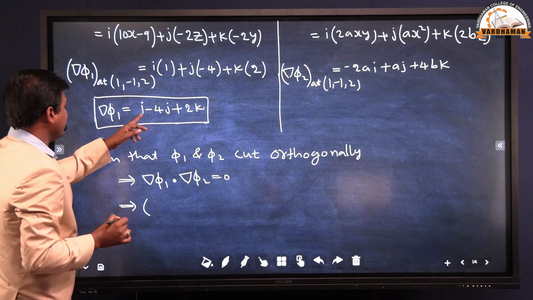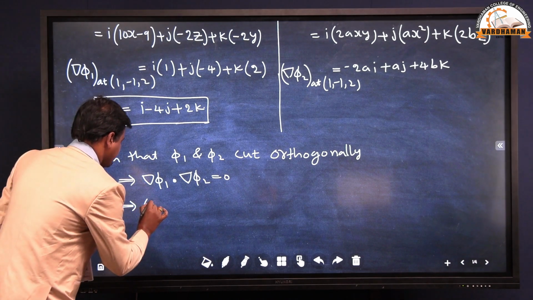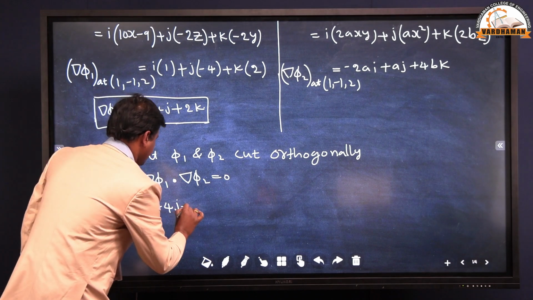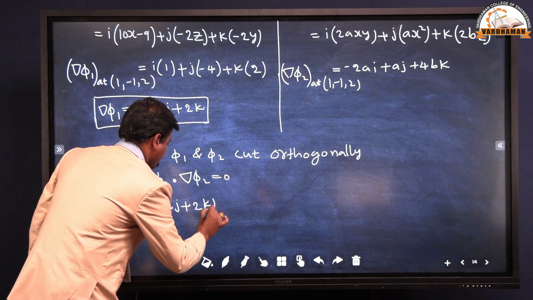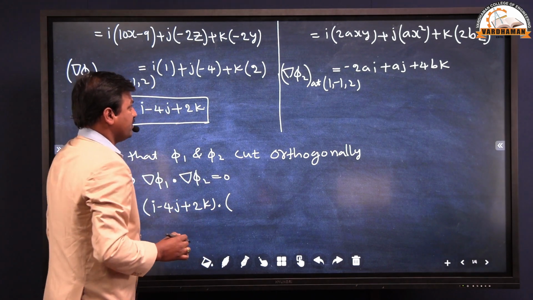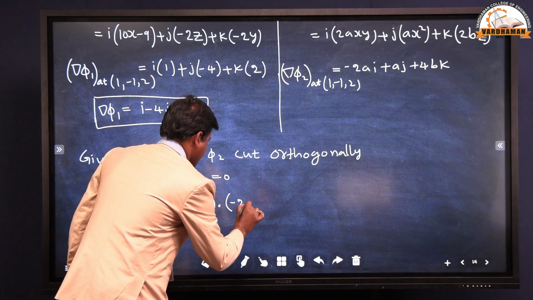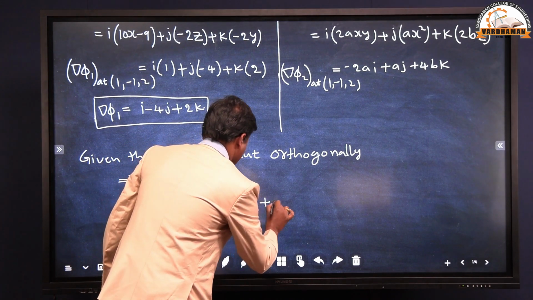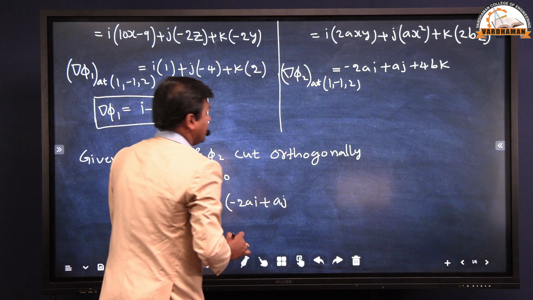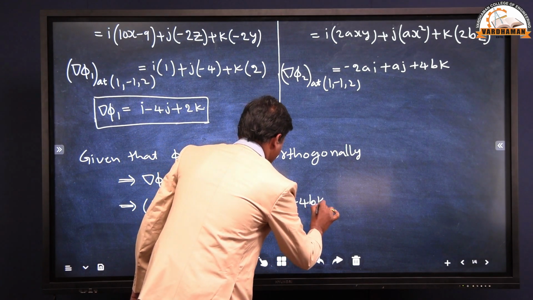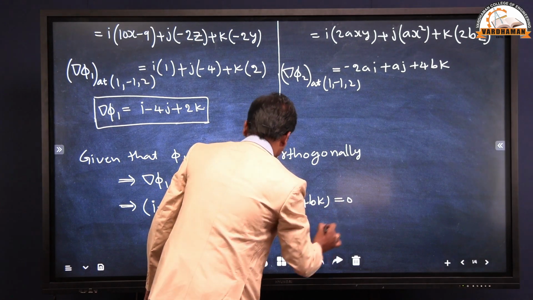This implies del phi 1, which is i minus 4j plus 2k, dot del phi 2, which is minus 2a i plus a j plus 4b k, equal to 0.